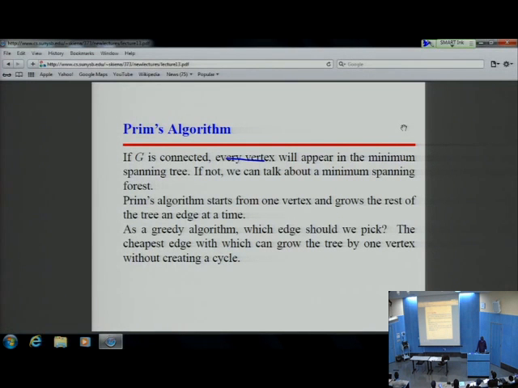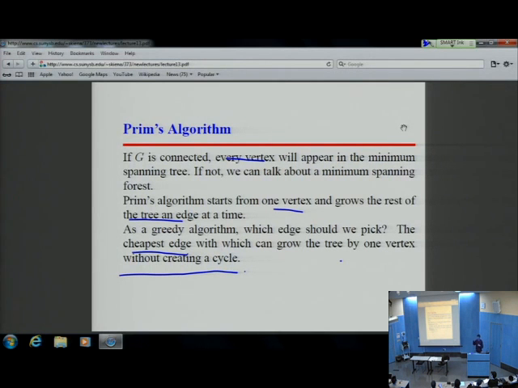Prim's algorithm is going to start from one vertex and grow the rest of the tree one edge at a time. It repeatedly picks the cheapest edge it can to add another vertex to the tree without creating a cycle. You can't create a cycle if the graph is going to be a tree, because trees don't have cycles.